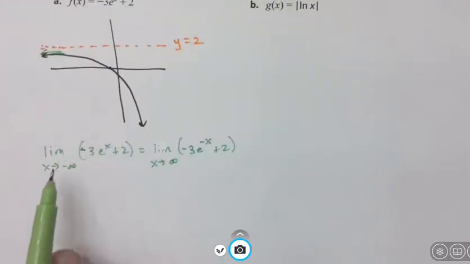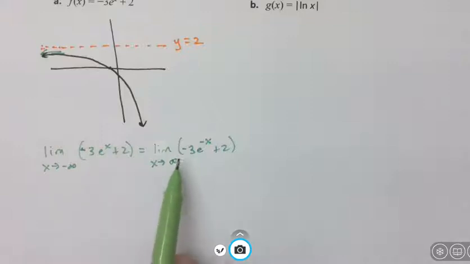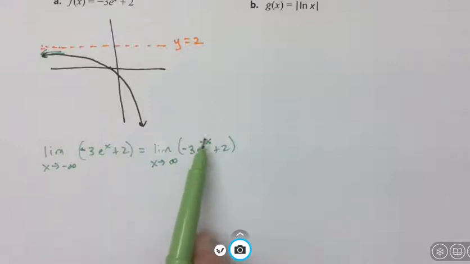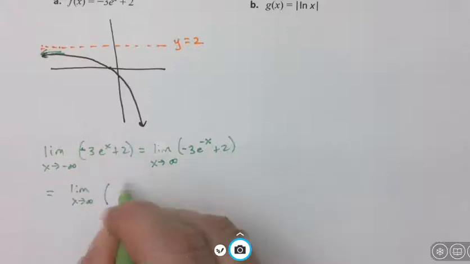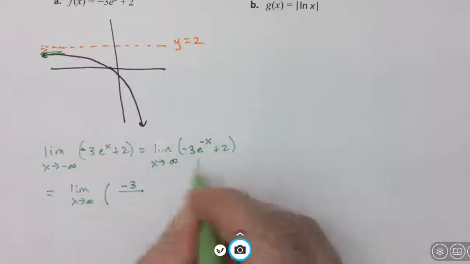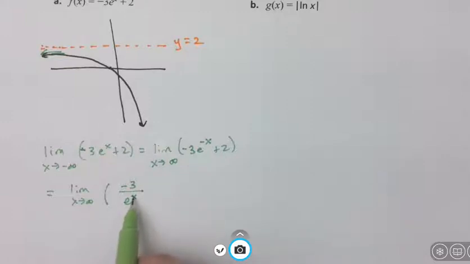So imagine if it was negative 10, for example. Negative 3 e to the negative 10 is the same thing as negative 3 e to the negative, and then let it go to 10 here. But that would be the limit as x goes to infinity of, okay, that would be negative 3 divided by, remember, negative powers mean it needs to go to the denominator. And once you move it down to the denominator, it no longer has a negative power.